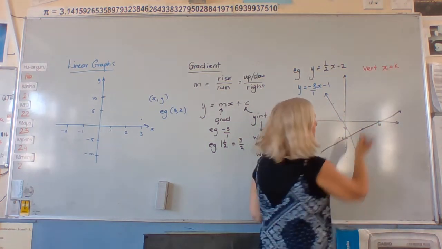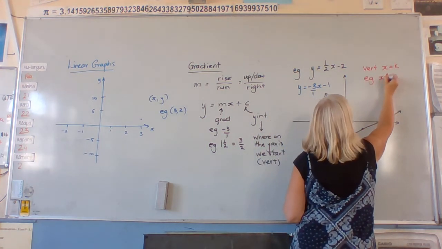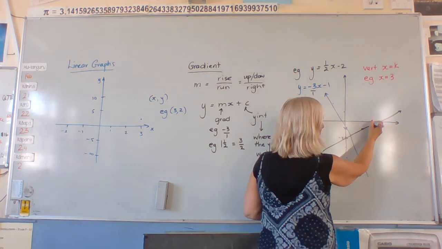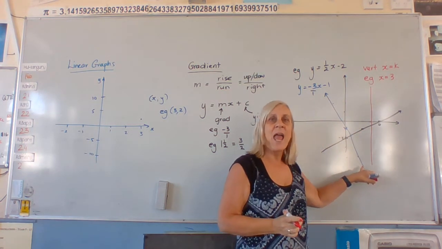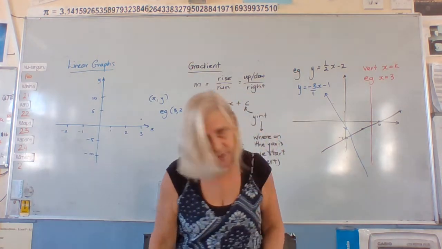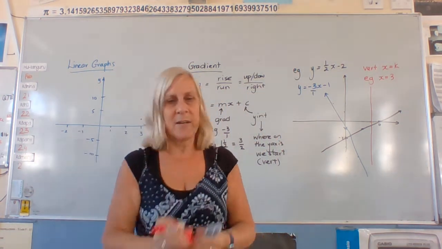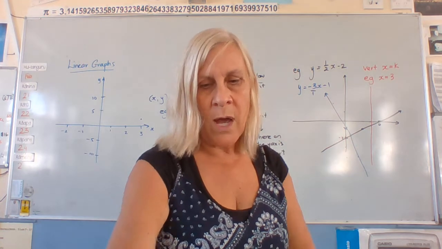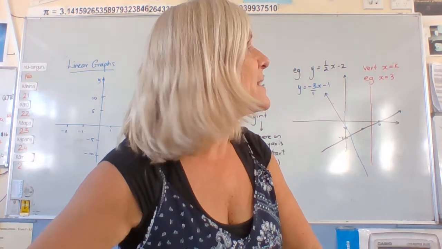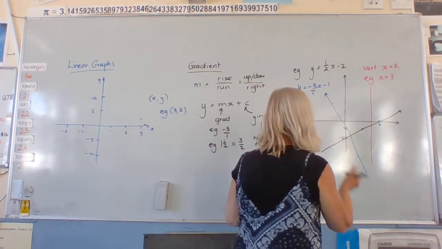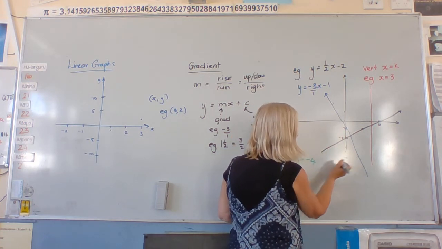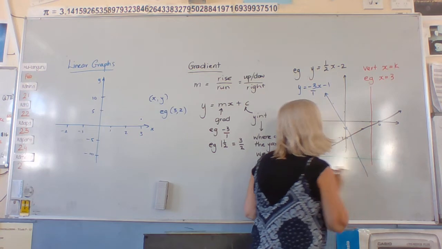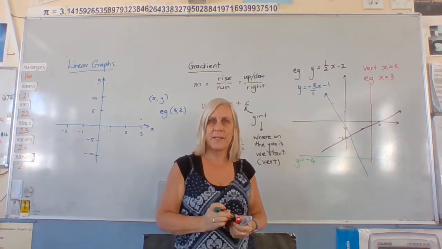All right, so if we've got x equals 3, that means the vertical line, all of the coordinates on that vertical line have an x part that is 3, and the y changes. All right, so if we have y equals -4, it says all of the y's will be -4. So we go to -4 and we draw our line. On that line, all our y values will be -4.